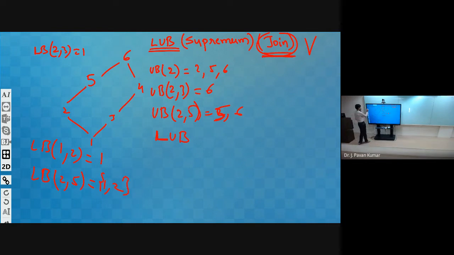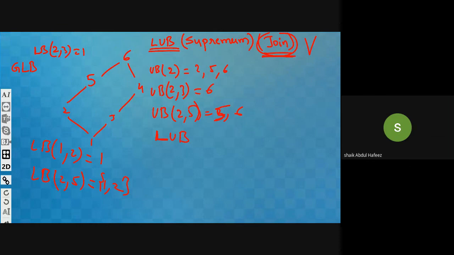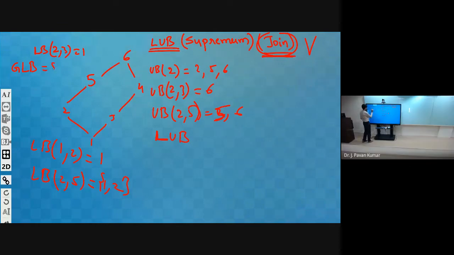Next, we will be interested to find the greatest lower bound, that is GLB. What is the greatest lower bound of 2, 5? 2. So the greatest lower bound is nothing but the greatest element in the lower bounds, that is 2 in this particular example. This can be called infimum. Infimum or GLB, like supremum, here infimum.